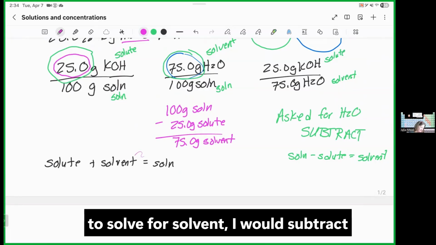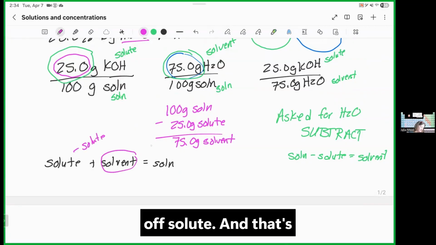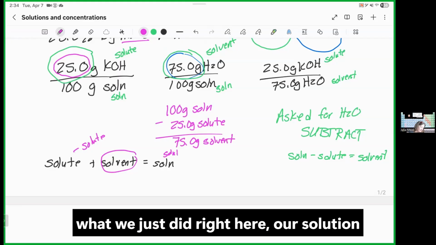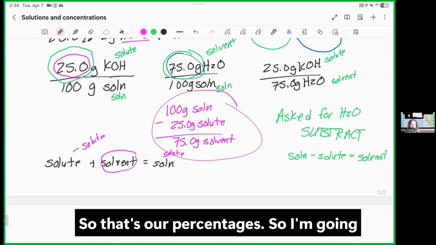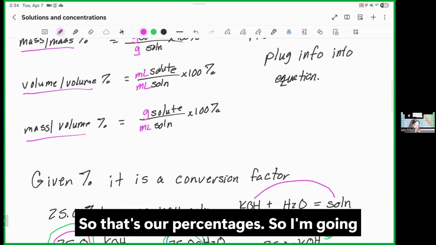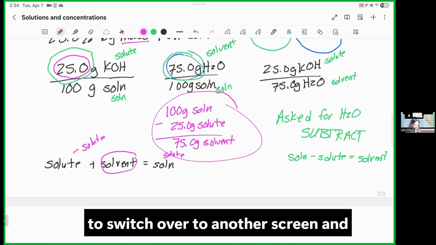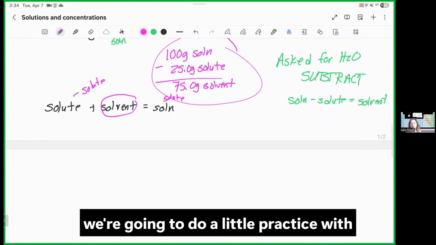If I want to solve for solvent, I would subtract off solute. And that's what we just did right here, our solution minus our solute to get our solvent. So that's our percentages. So I'm going to switch over to another screen and we're going to do a little practice with that.